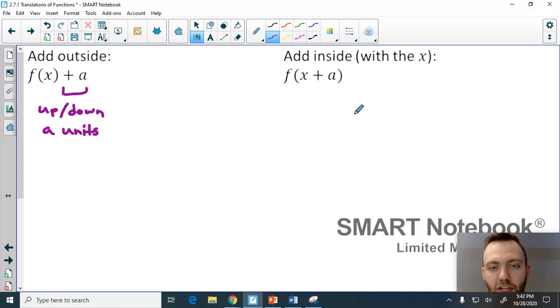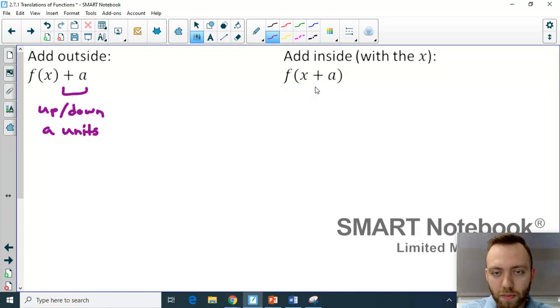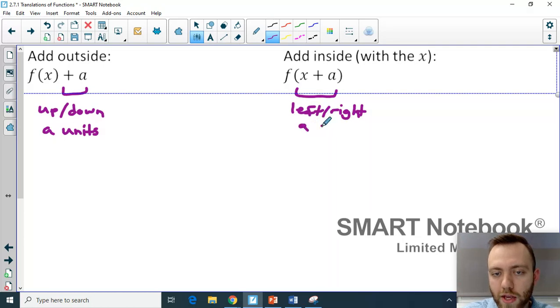And then for this one, when we had this a in with the x, that constant in with our x, then what we actually did when it was with it, need to get on my marker. When it was with it, we moved left and right a units.